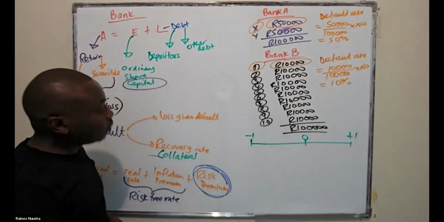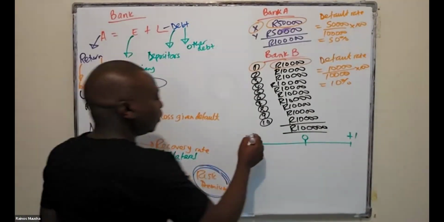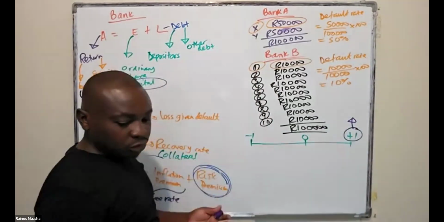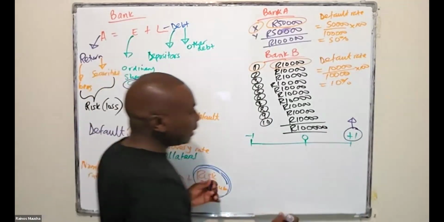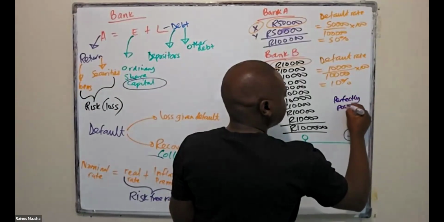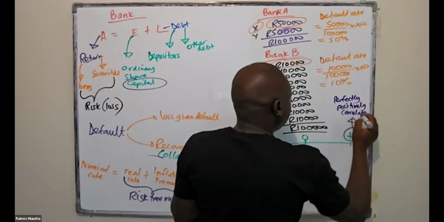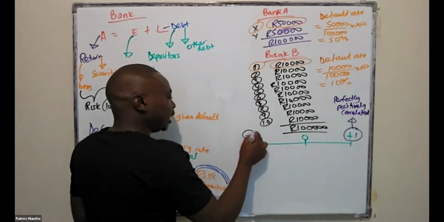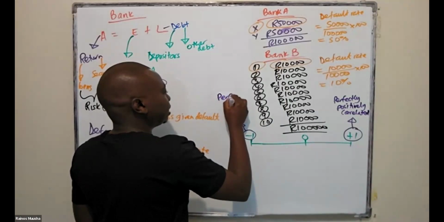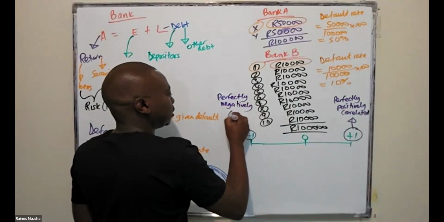When the correlation coefficient is +1, we say the two securities or assets are perfectly positively correlated. And when the two assets have a correlation coefficient of -1, we say they are perfectly negatively correlated.